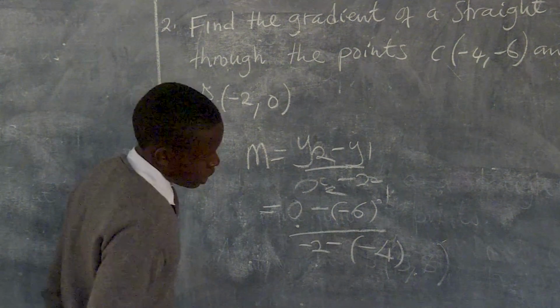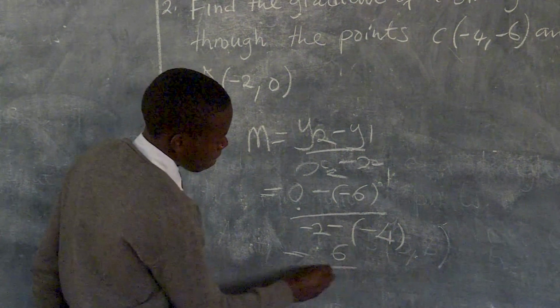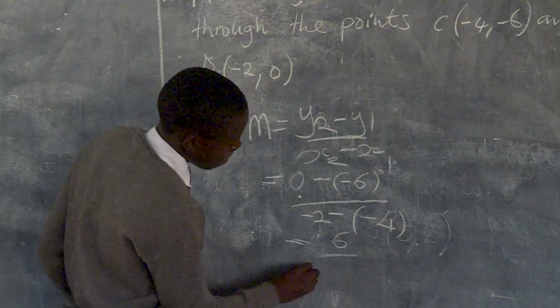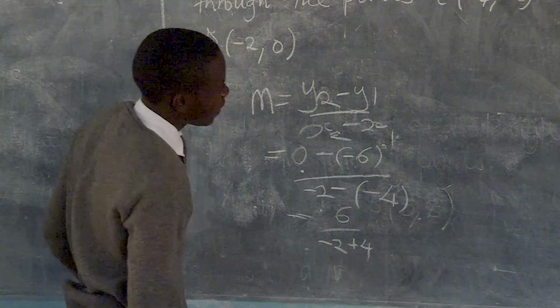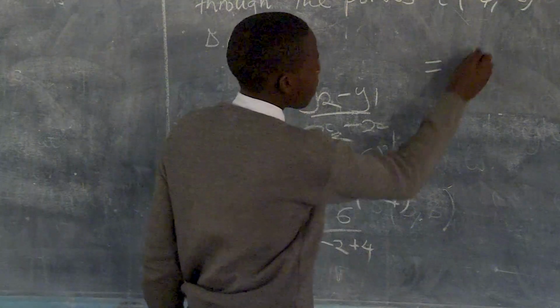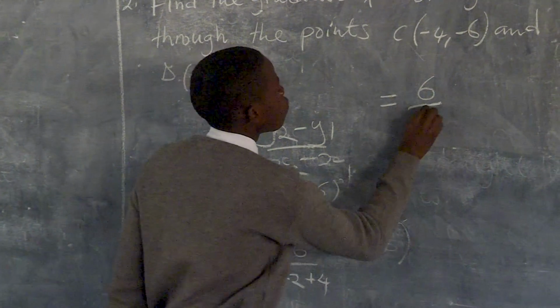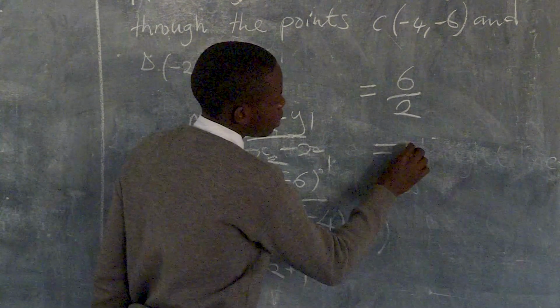Negative times -6 is positive 6, negative times -4 is positive 4... 6 over positive 2. Gradient is 3.